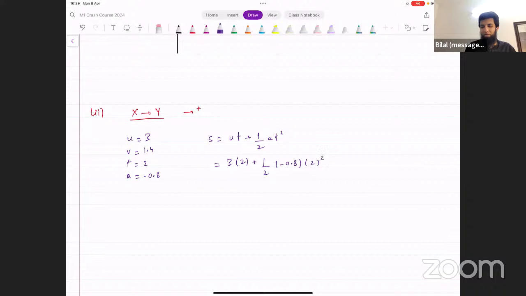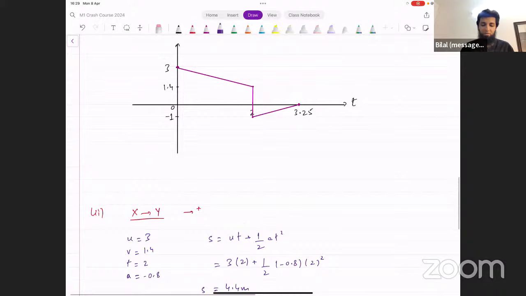That's 2 squared. And that will give you the value of displacement from x to y. That's 6 minus 0.4 into 4, and that's giving me 4.4 meters. So from x to y, it's 4.4 meters in total.